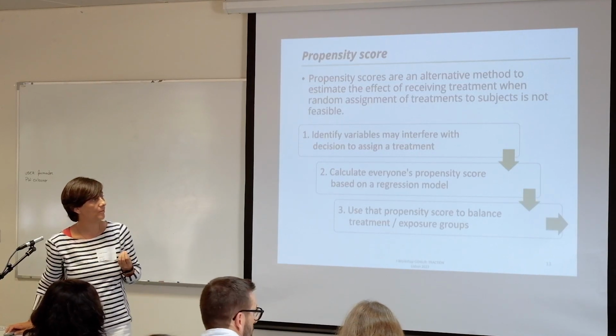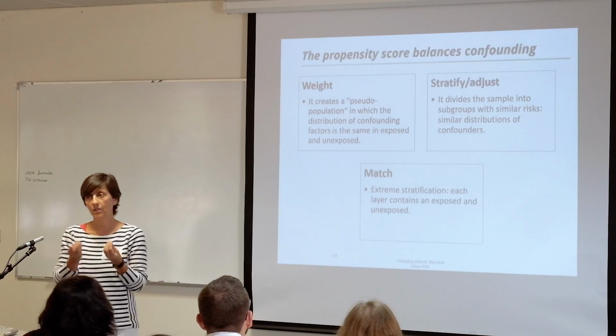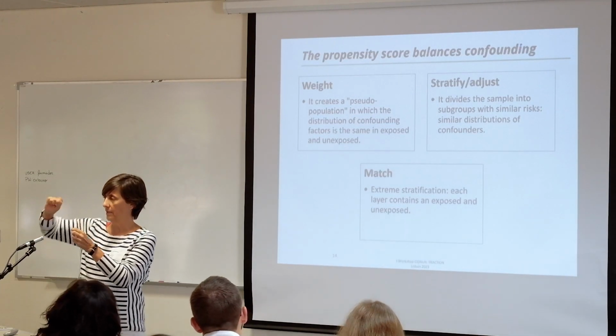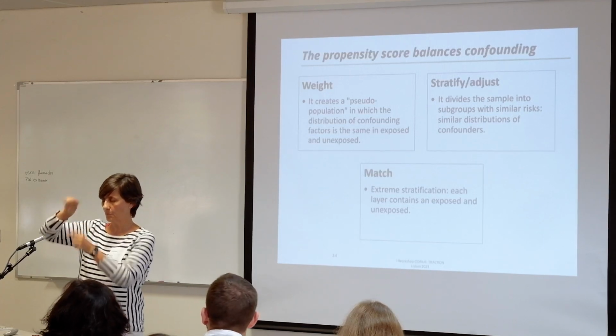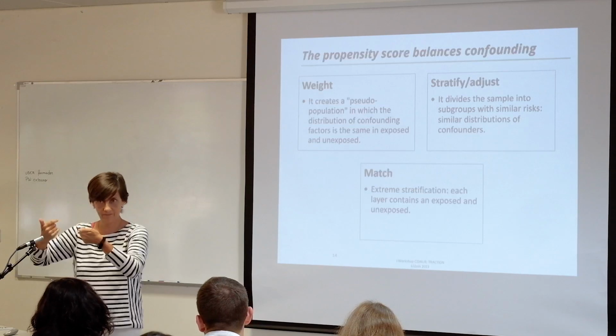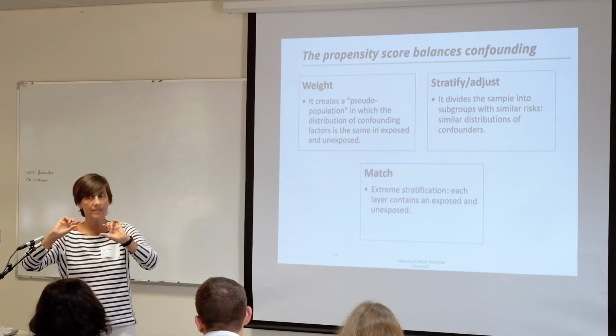And how do you balance them? You can either use this propensity score as a weight, so you put one divided by the propensity score, the inverse of the propensity score, as the weight.